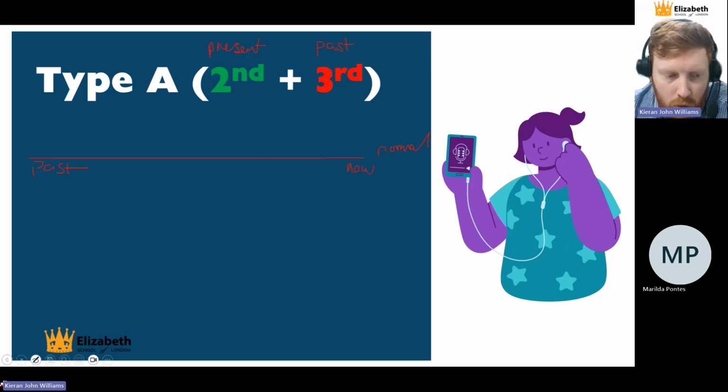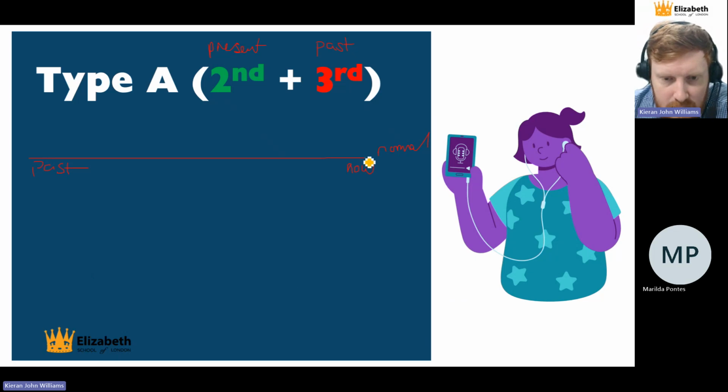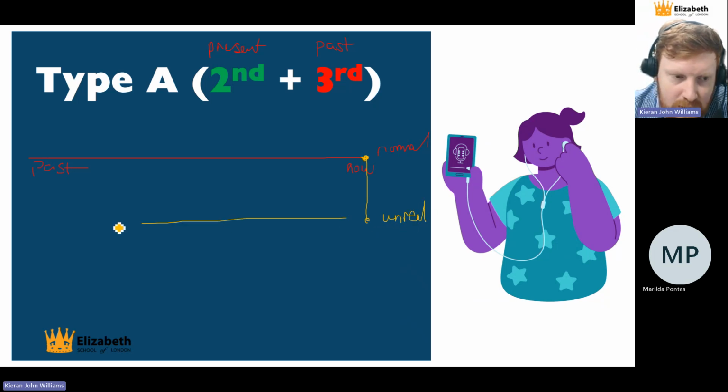Okay, so this is what normally happens, but we might want to think about something strange happens in the present. We now have an unreal present. And then this means also that the past is different as well.